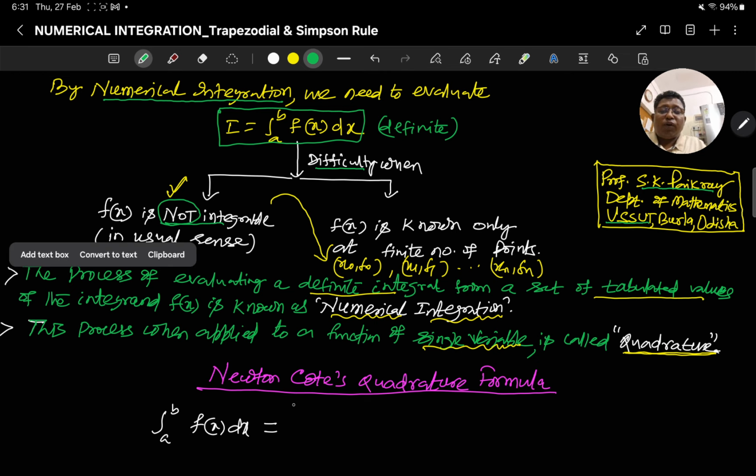Generally, the Newton-Cotes quadrature formula is given by integral a to b f(x) dx is the summation of lambda i f(xi), i equal to 1 to n.